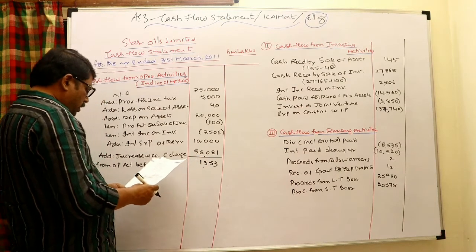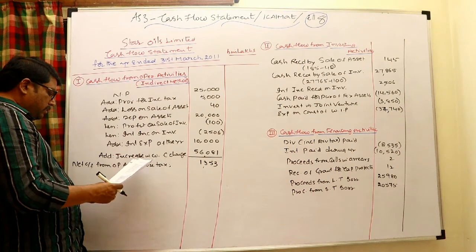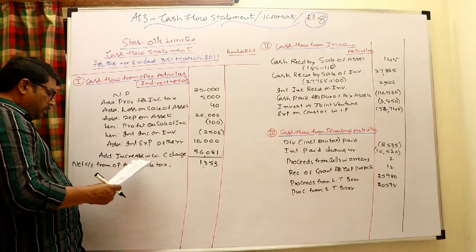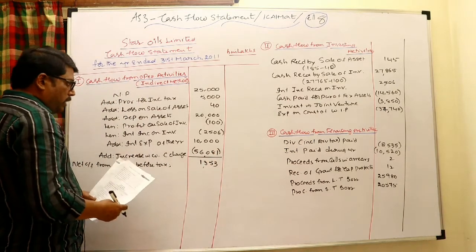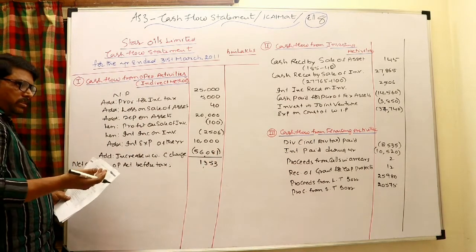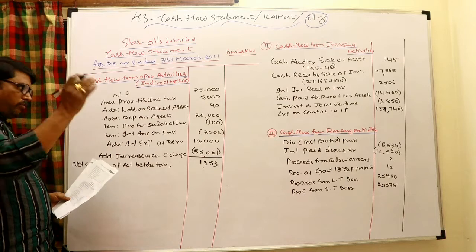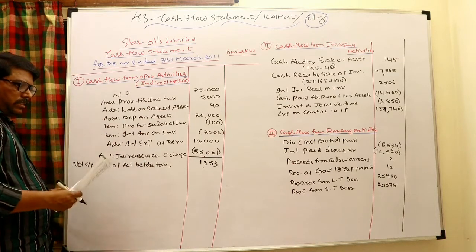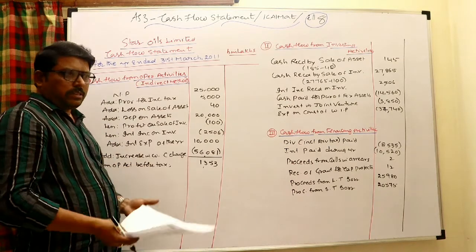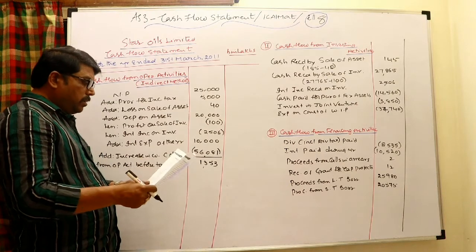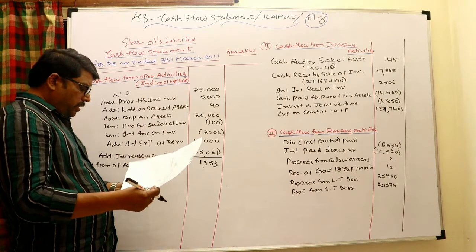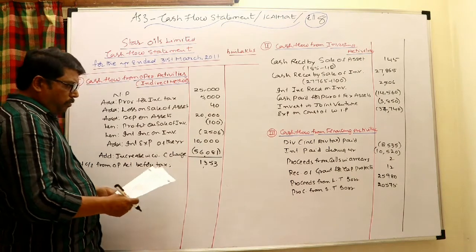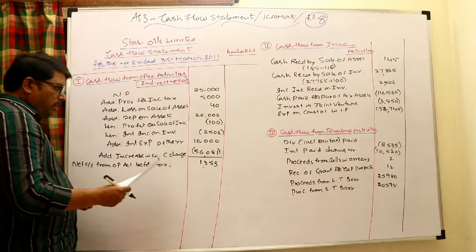So, and changes in working capital, sorry, this is a minus figure. Current assets increase means stock and so on increase, outflow. When you compare current liability, current asset increase means nothing but check how it is given, increase in working capital. So increase in working capital means cash outflow 56,081.